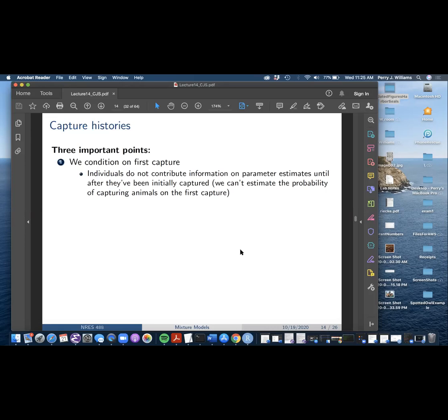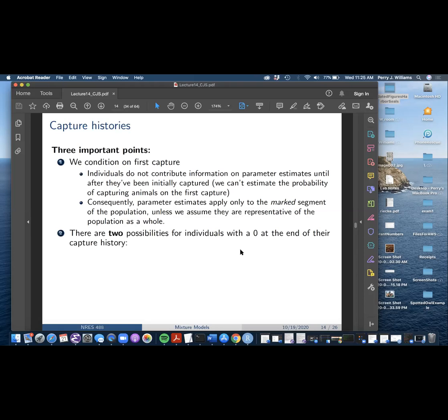So if for some reason we capture a subset of the population that is weaker than the rest of the population, they may not be representative of the true population estimate. Consequently, parameter estimates apply only to the marked segment of the population unless we assume that they are representative of the population as a whole, and that assumption is going to depend on how you capture animals.